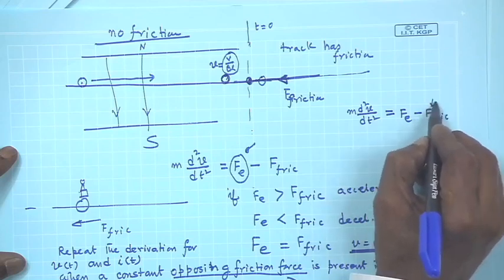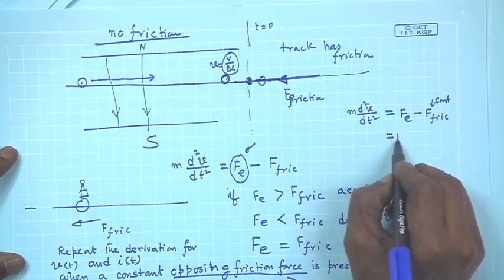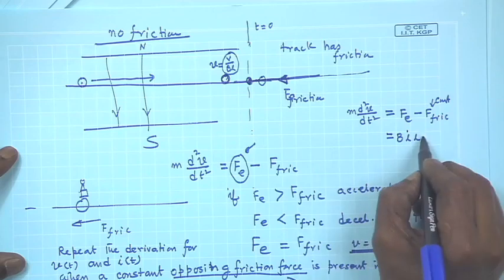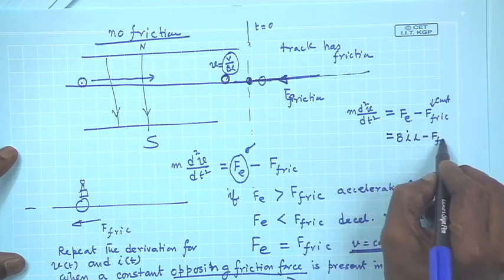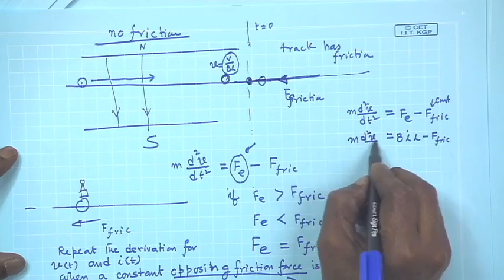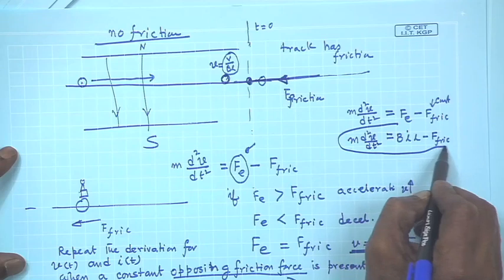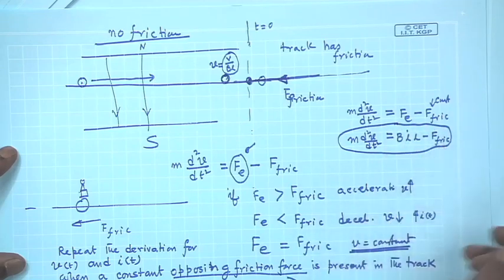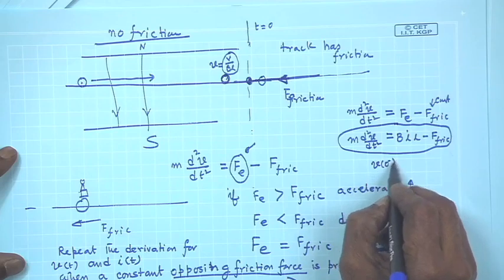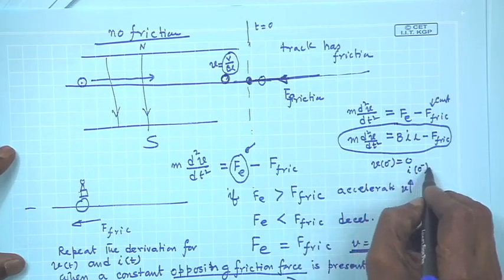This is, suppose, constant, and this is equal to your BIL minus F friction. So, this differential equation will get modified like this. You solve it, and the initial condition is v(0 minus) equal to 0, i(0 minus) equal to 0.